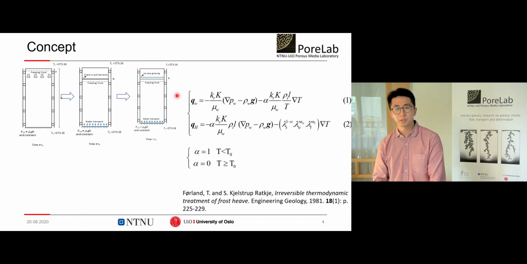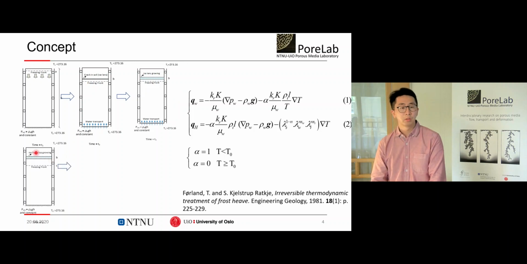More penetration of the freezing front will result in a dramatic decrease of relative permeability around this ice-lens.